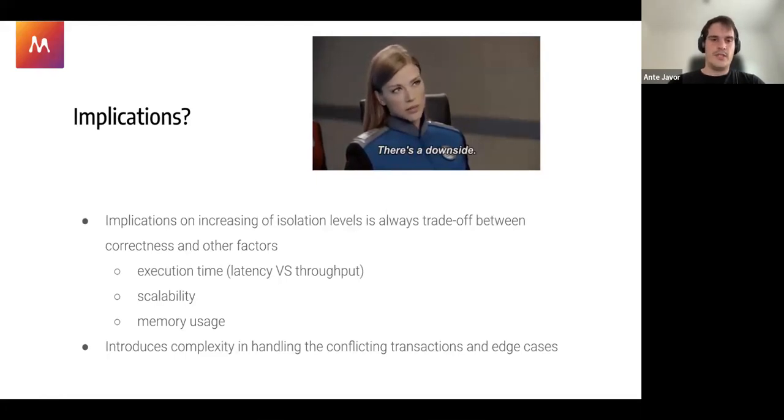You will risk your execution time and latency, throughput, scalability, memory usage, etc. So you always have this trade-off between performance and correctness. There is also some introduced complexity in handling conflicting transactions and edge cases. So the higher the isolation level, the more complicated the systems become, but they tend to perform more correctly and have higher correctness levels.